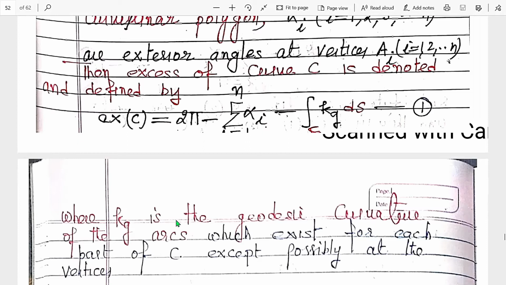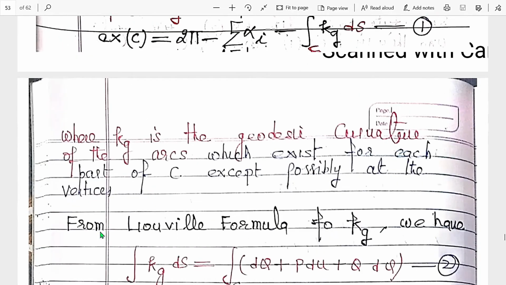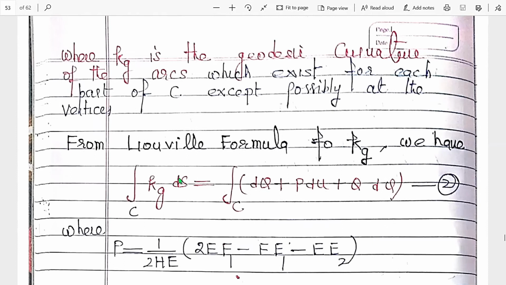Here kappa g is the geodesic curvature of the arc, which exists for each part of C except possibly at the vertices. Now from Liouville's formula for kappa g, we know that kappa g is equal to theta dash plus P u dash plus Q v dash.